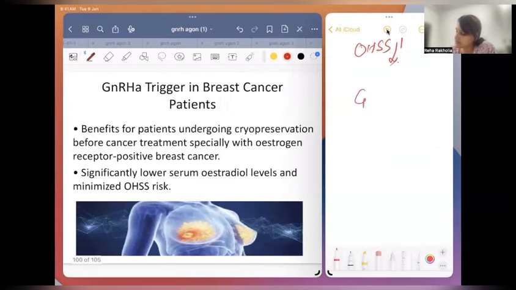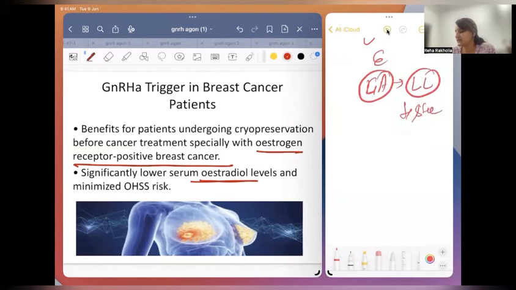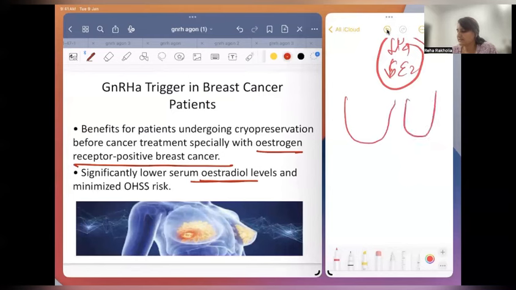Then GnRH agonist trigger in breast cancer. Breast cancers are sometimes estradiol receptor positive. We all know that GnRH agonist causes luteolysis, so there is decreased steroid synthesis, like progesterone and estradiol. If the cancer is estradiol positive, we need a low estradiol environment.